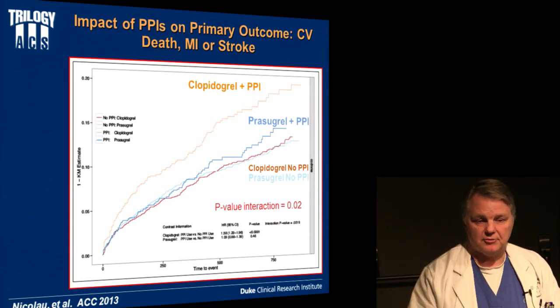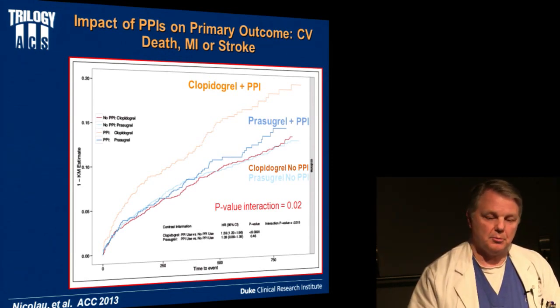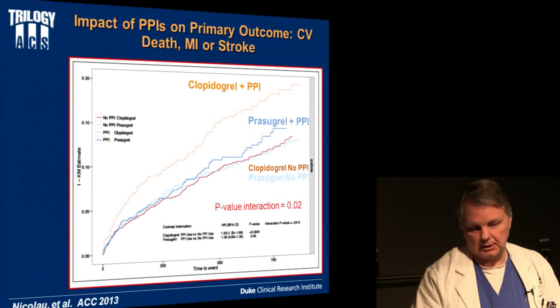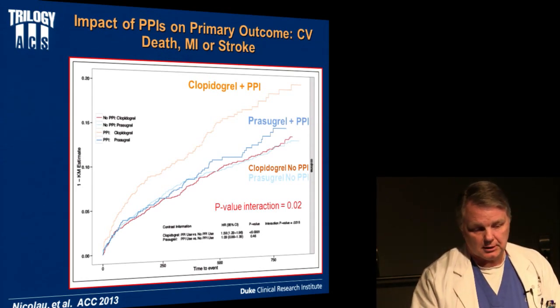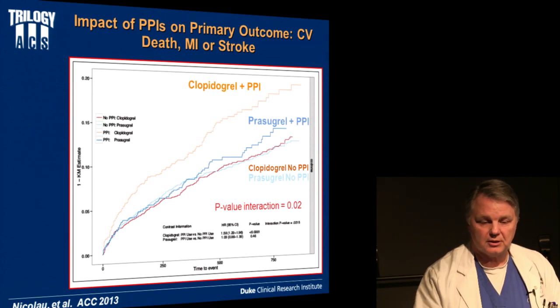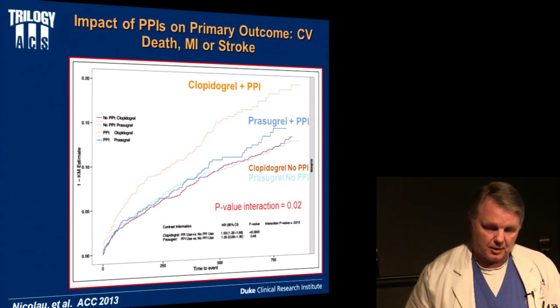And in our trial, in fact, if you were randomized to clopidogrel and were on a PPI throughout the trial, you were quite different than if the patient was randomized to prasugrel and were on a PPI. And our use was about 60% overall in the trial as a whole over time. And you can see there's a significant interaction. Jose Nicola from Brazil is still working on this paper that we're going to soon submit.